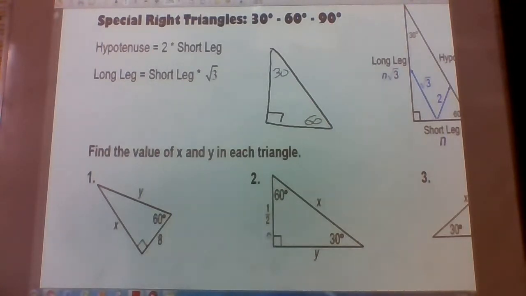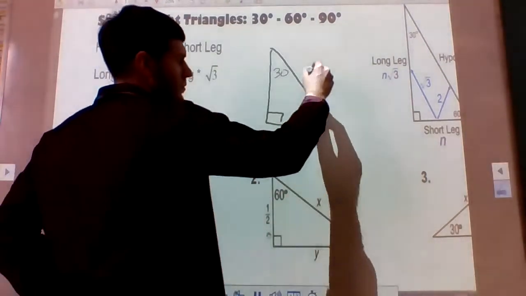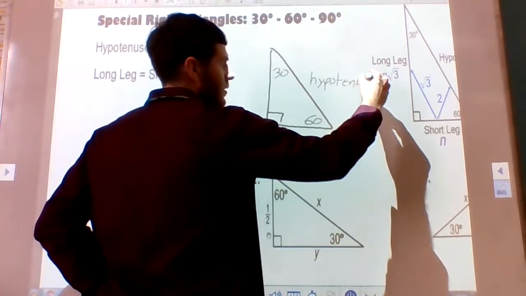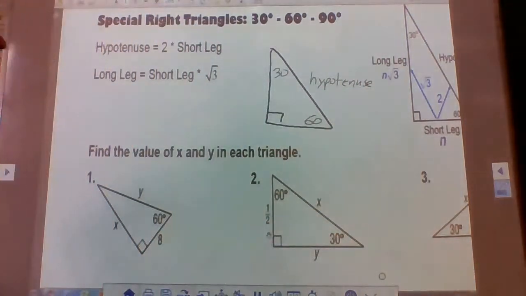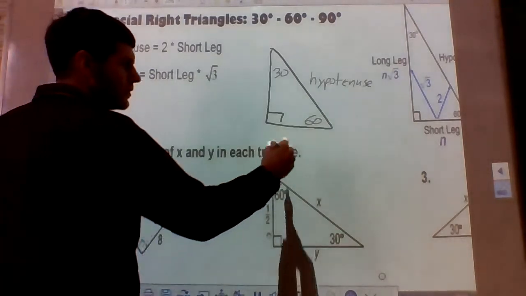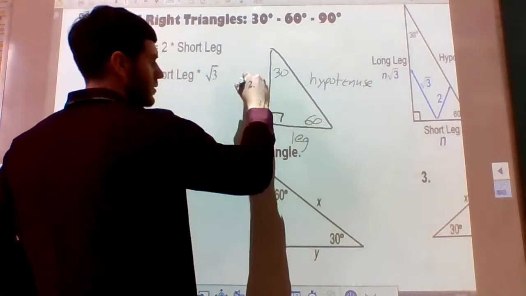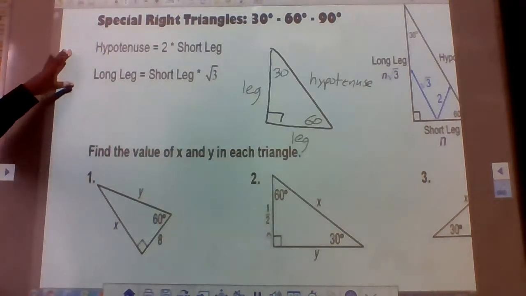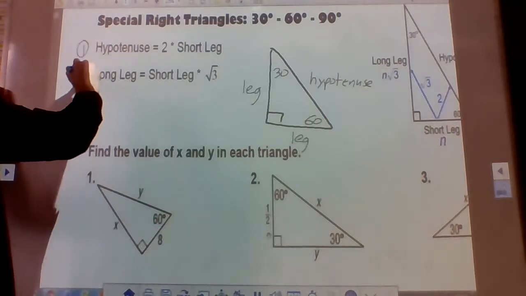Our right triangles have two legs and a hypotenuse. The hypotenuse is across from the right angle. Okay, and then the legs are adjacent to the right angle. For our 30, 60, 90 triangles, we have two equations we're going to use.